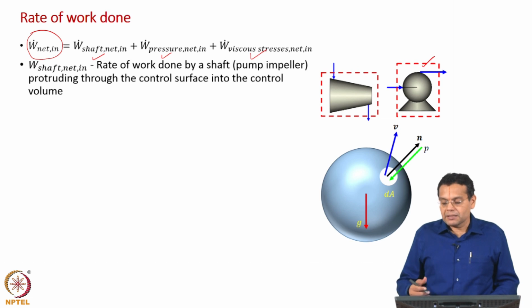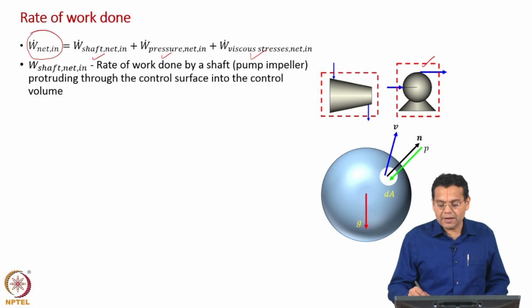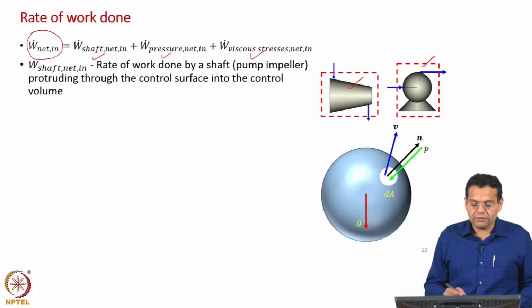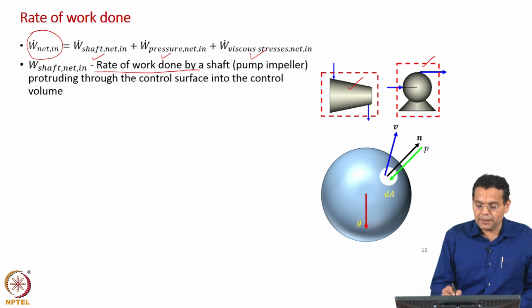This work is what we call the shaft work. It could be a hydro turbine, where because of water flow we extract work from water. So, either you supply work or take out work, or it could be a compressor where we once again supply power to increase the pressure. So, what is shaft work? Rate of work done by a shaft.